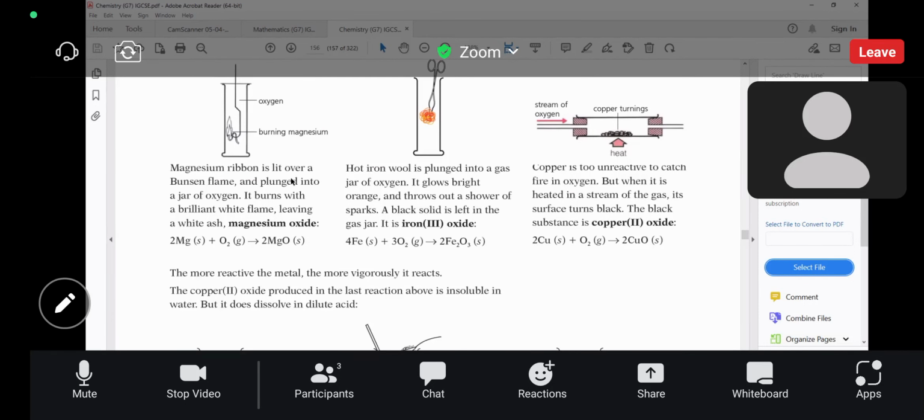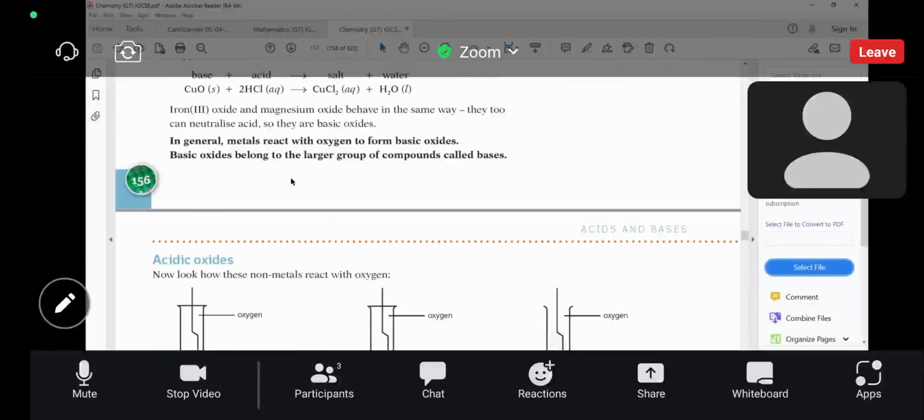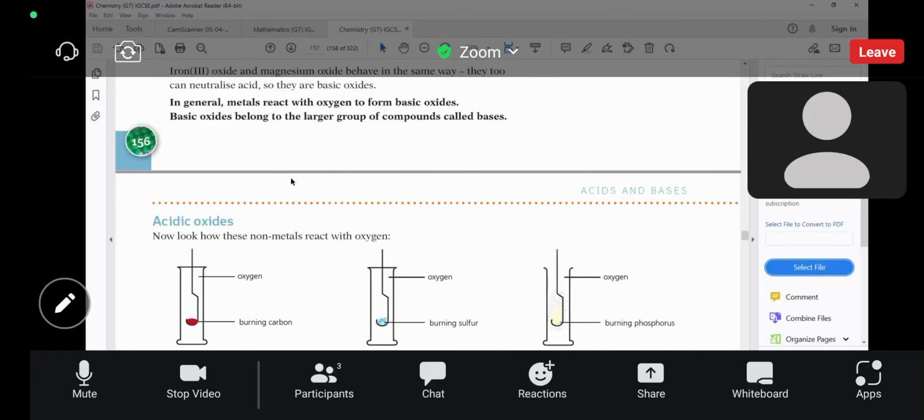So that's why they are called metal oxides. Again, acidic oxides are non-metal oxides. Acidic non-metal oxides show or exhibit acidic properties, so those are called acidic oxides.